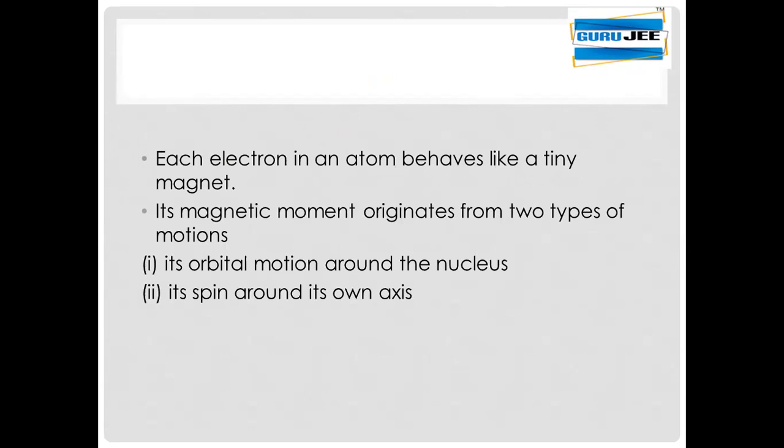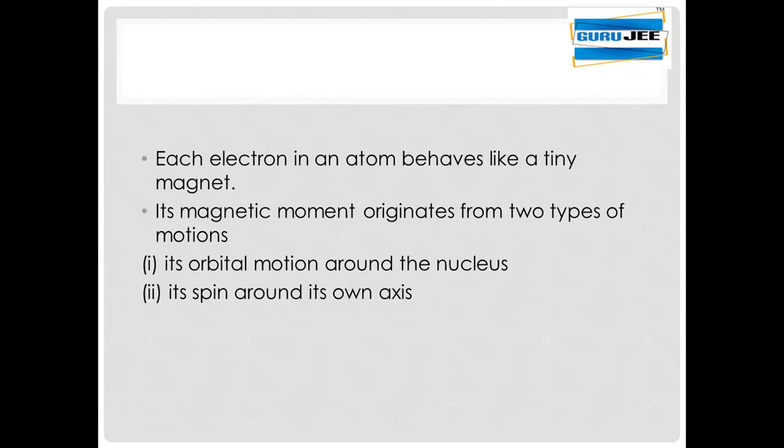That means it has some magnetic properties. Its magnetic moment originates from two types of motions. That means an electron can move in two different ways. It can revolve in an orbital motion around the nucleus, and the second type of motion is that it can spin around its own axis.